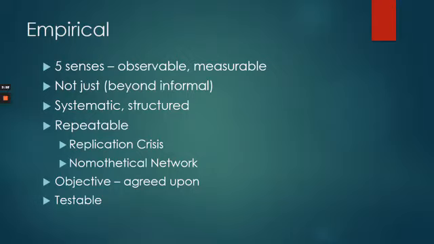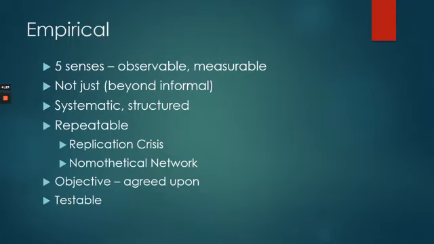And in terms of this empirical aspect of science, we often talk about the ROT aspects of it. ROT is repeatable, objective, testable. So what does repeatable mean? It means that if I do a study, when I write it up, I specify how I do everything in my study, how I observe things, how I measure things, how I collect my data.